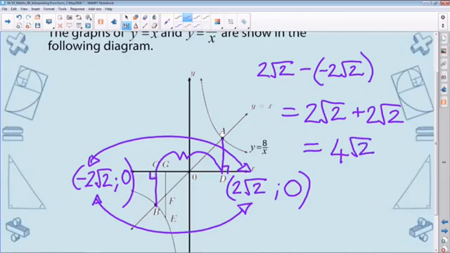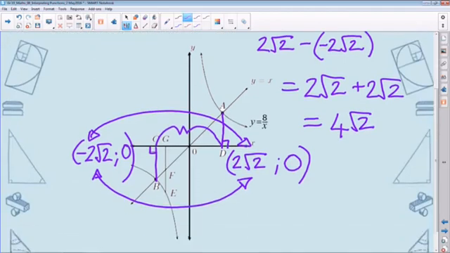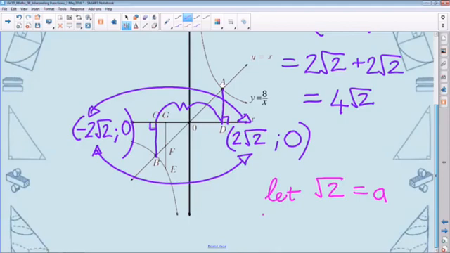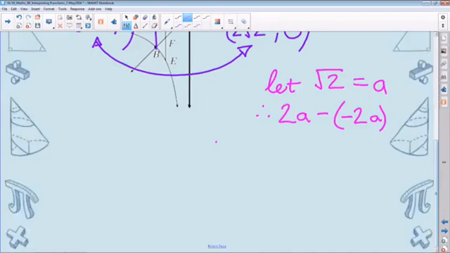Now I know that some of you are going to get confused with this, so I'm going to change it to an algebra problem just to help you out a little bit. Think of the square root 2 as A. Let's call it A. That means that we have 2A minus negative 2A, which gives us 2A plus 2A, which is equal to 4A.